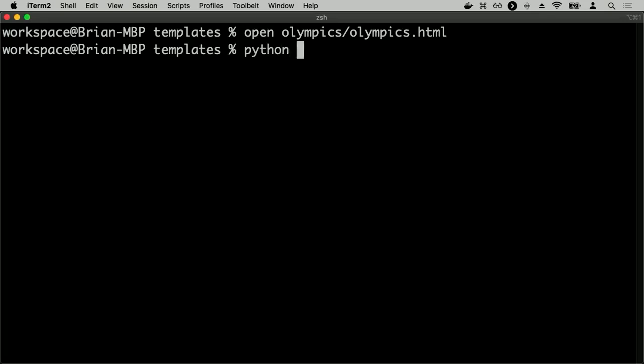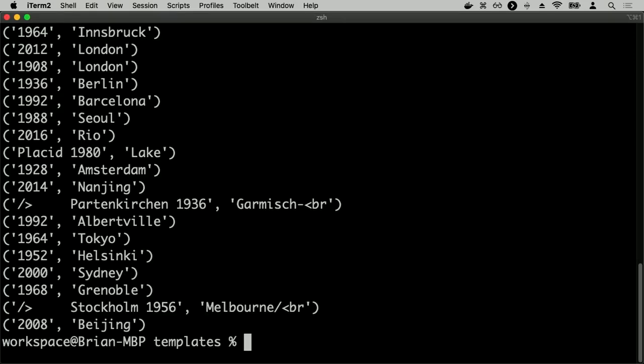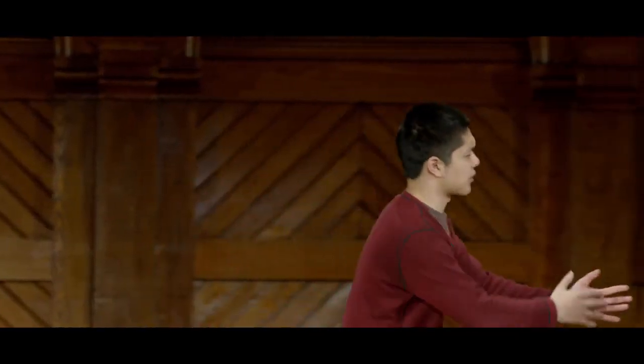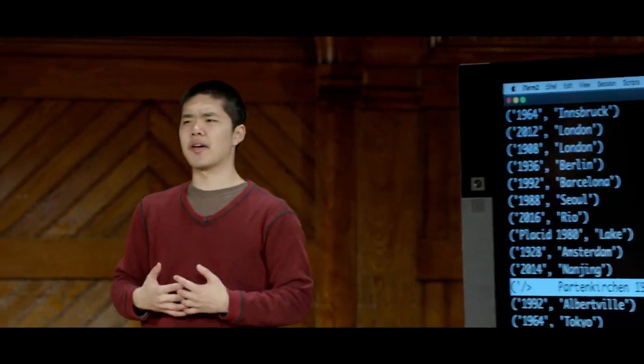Let me go ahead and run this process, Python search on olympics.csv, look at all the Olympic data set, and here I get some information back. Now, this information is not totally perfect. There are a couple of examples that are obviously not quite right because my template might have been a little bit too general, like maybe it was looking for a broad category of things and certain strange things happened to capture on that particular template.